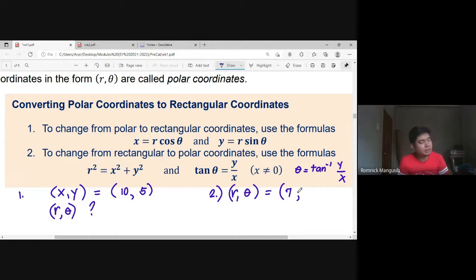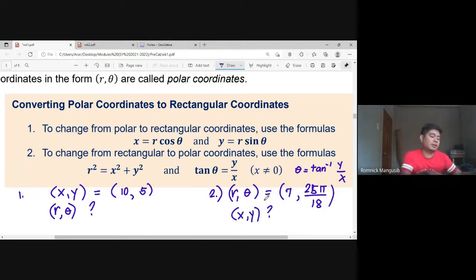Let's say the angle is 25 pi over 18. Okay, what will be the corresponding xy coordinates? So again, I'm giving you 2 minutes to answer these 2 questions.